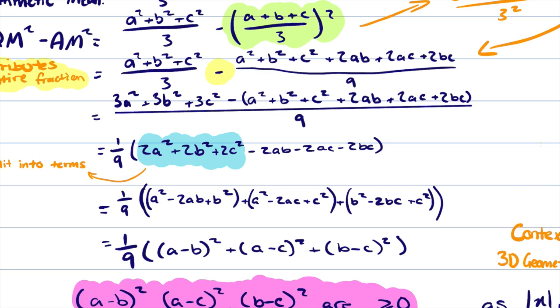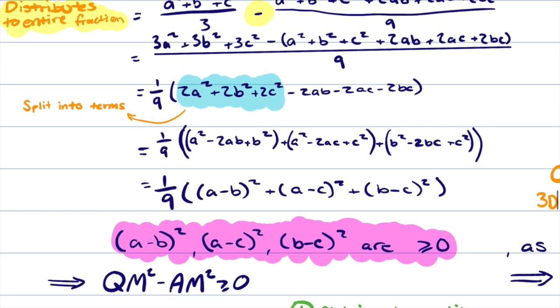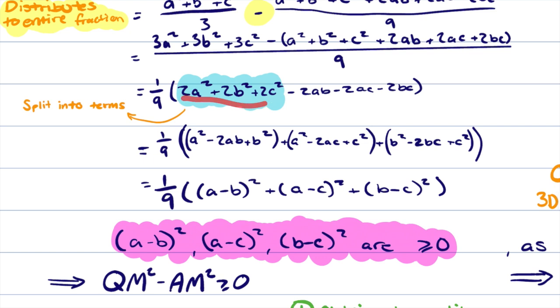From this, we can split our square terms into individual parts as well as our 2AB, 2AC and 2BC terms. From this, we can do simplifying into different terms that we can identify as perfect squares.